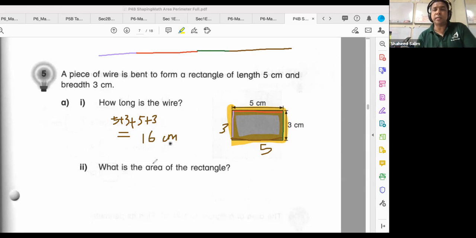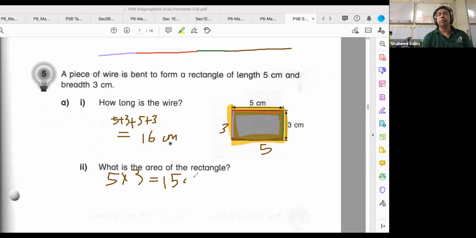Now area, what about area? Length times breadth. 5 times 3 equals 15.